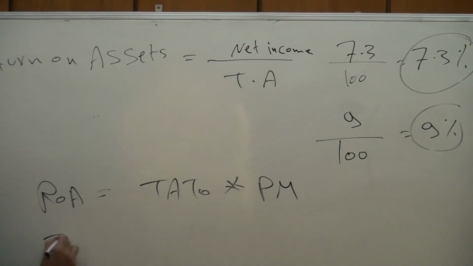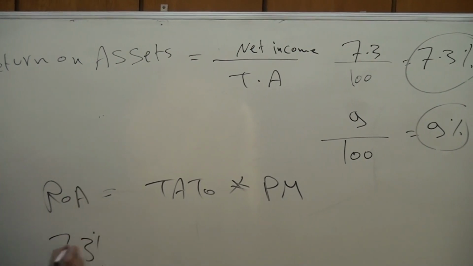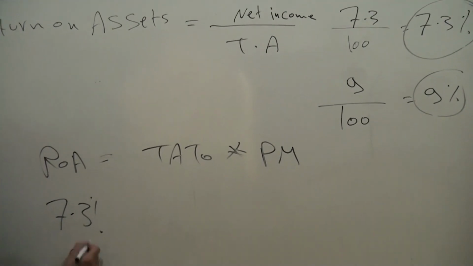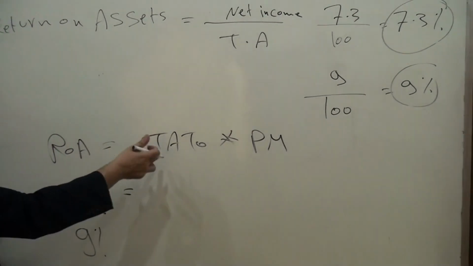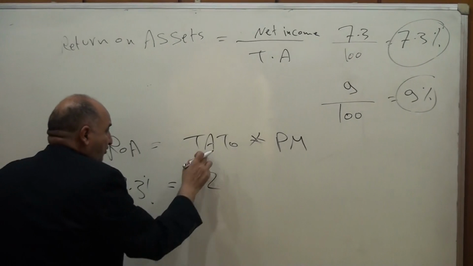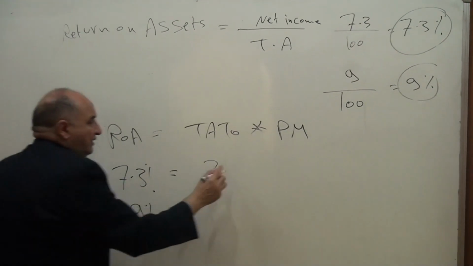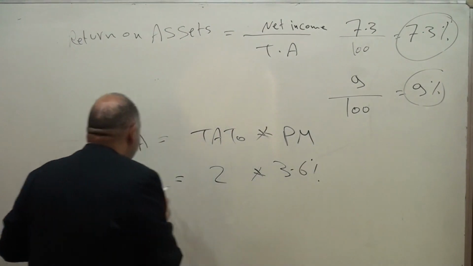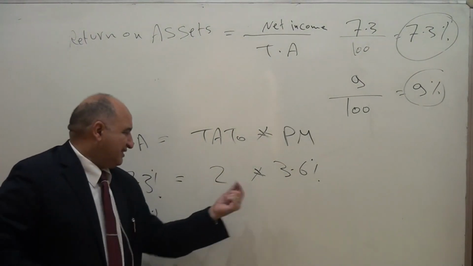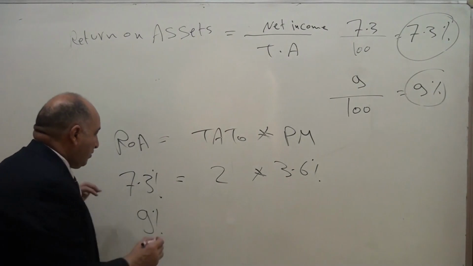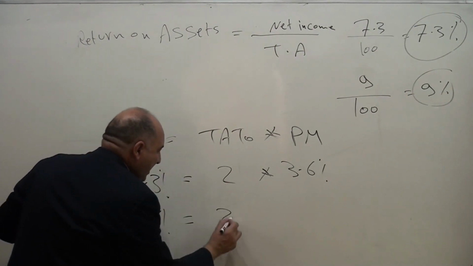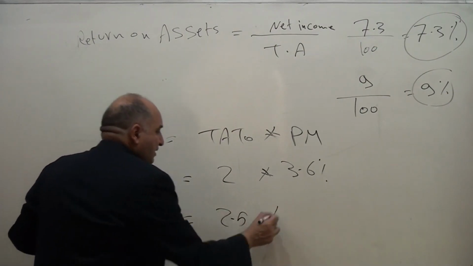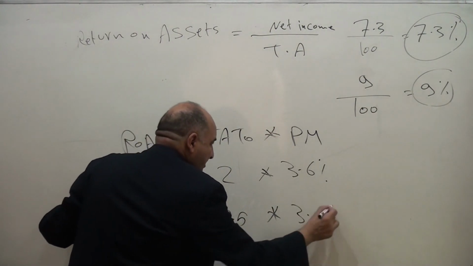From the beginning, I know my company has 7.3 and the industry 9%. This comes from the 2 of my company multiplied by 3.6%, which gives 7.3 because this is a small fraction. But the competitors have 2.5 multiplied by 3.6%.